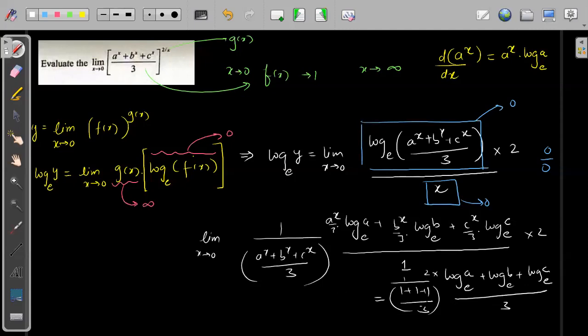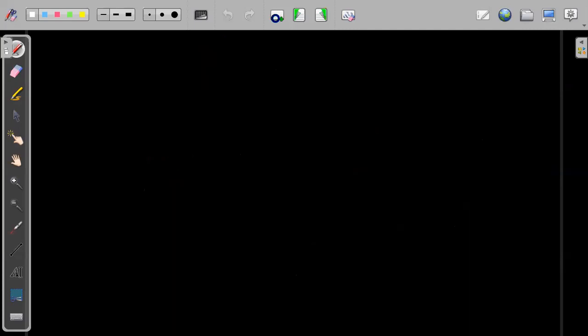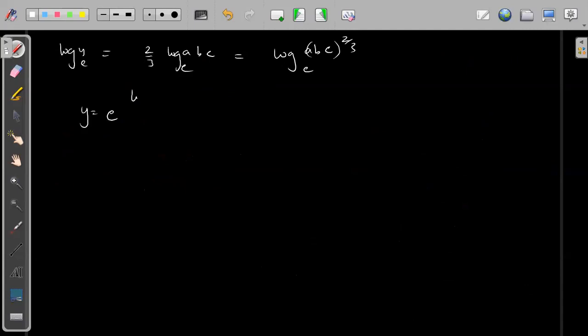So log y base e is equal to 2 by 3 log abc base e. So this is log (abc) base e to the power 2 by 3. This is y is equal to e to the power log (abc)^(2/3) base e, which is nothing but (abc) to the power 2 by 3.